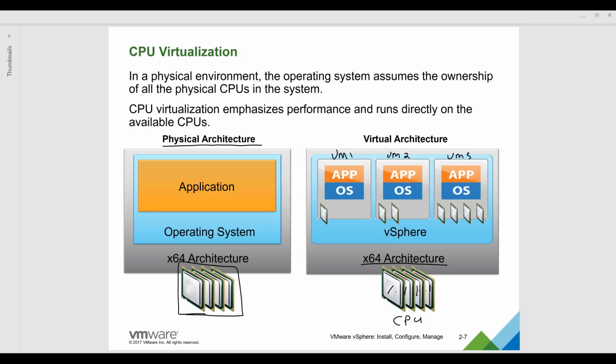As you see right here, I have VM1, VM2, and VM3. It took those CPUs and sliced them to use with each VM. VM1 is using 1 CPU, VM2 is using 2, VM3 is using 4, and it allocates them based on use.